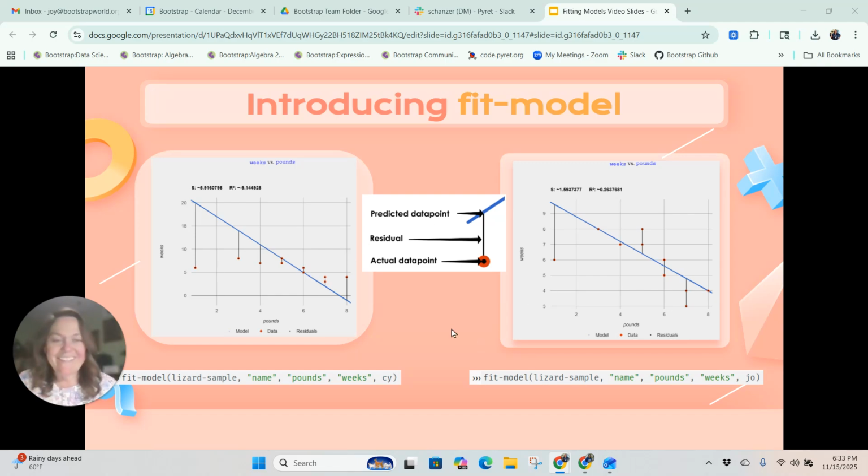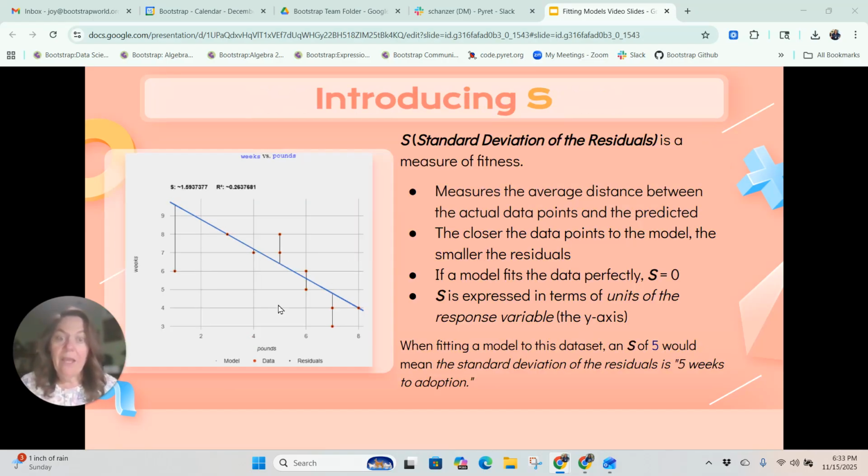We want to be careful as responsible data scientists to catch those kinds of tricky things. But sometimes our eyes can't really tell us which one is better. And so we want to do something as responsible data scientists, get a numerical number that can help us, and that's what S does. We can get a numerical number that can tell us just how good of a fit that model is to those points.